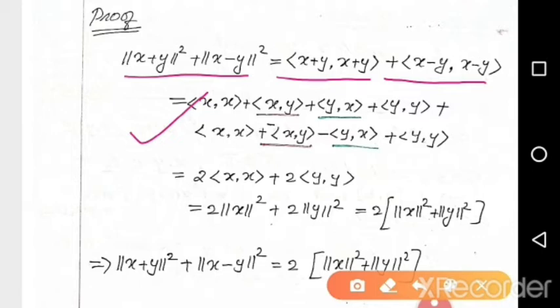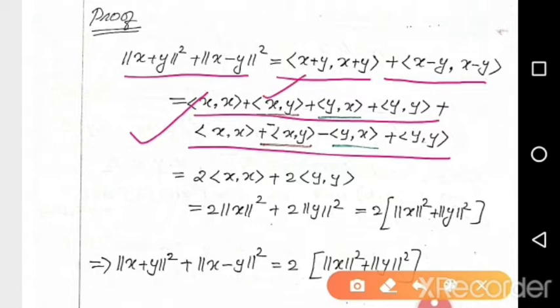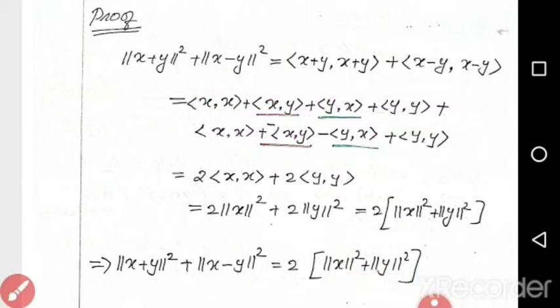Using the properties of inner product, we can expand like this, and inner product of xy and minus inner product of xy can be cancelled. Similarly, inner product of yx and minus inner product of yx can be cancelled. Hence, we will get the required result.